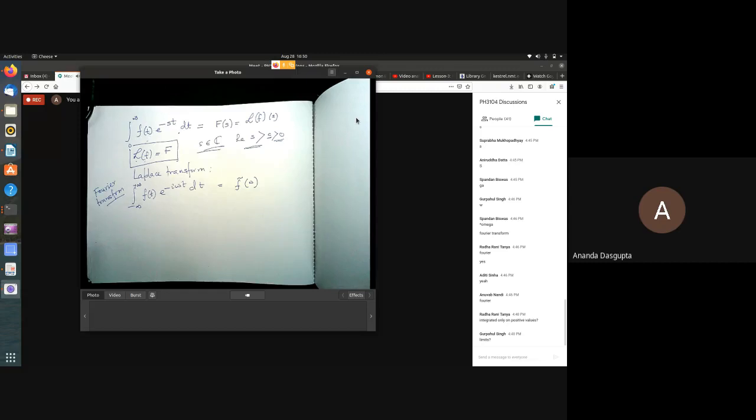Or if you really want to push it that far, if you have a big bang, you don't have a t equal to minus infinity at all. Of course, in real life, you say it has been started so long back that I don't really care. That's a perfectly good viewpoint to take. If it has been started so long back that I don't really care, then using e to the minus i omega t and the Fourier behavior is fine.